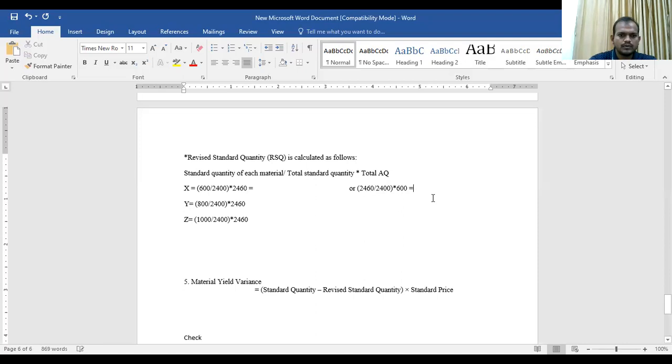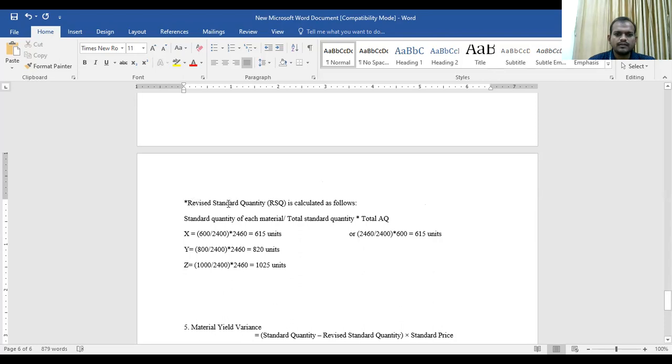So it comes to around 615, and 820, and 1025. So these are all units.